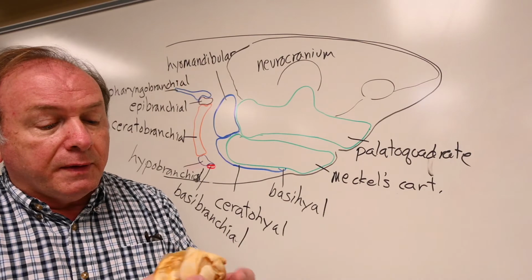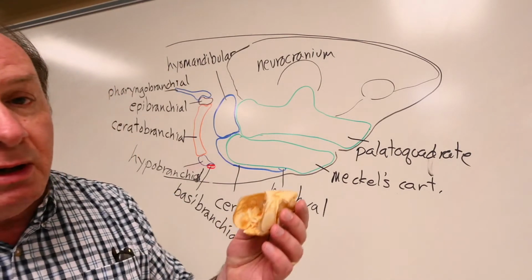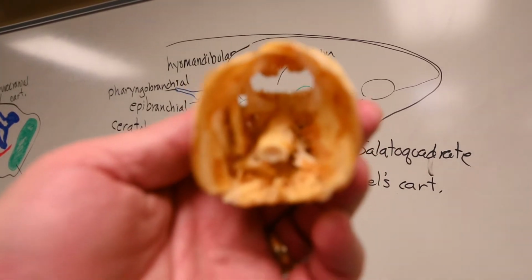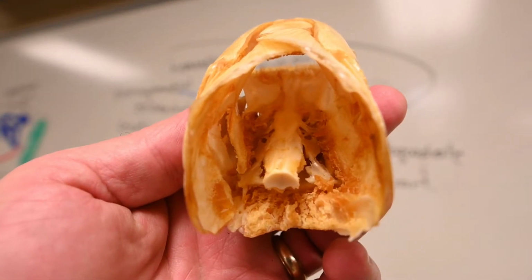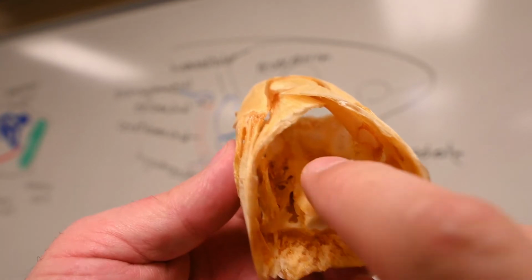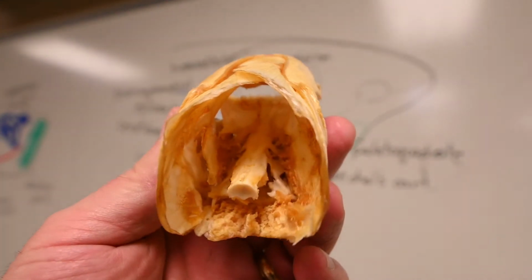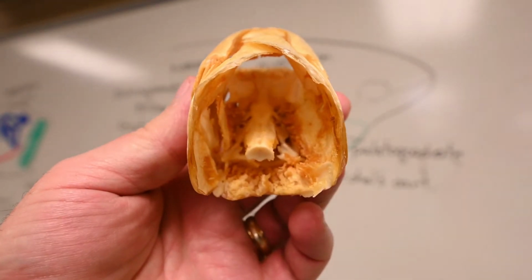There's a little bit of neurocranium in here, and we'll see if we can focus on this. Right in here, right in the middle, right in the floor of the skull, right along there, is neurocranial bone, right in there.